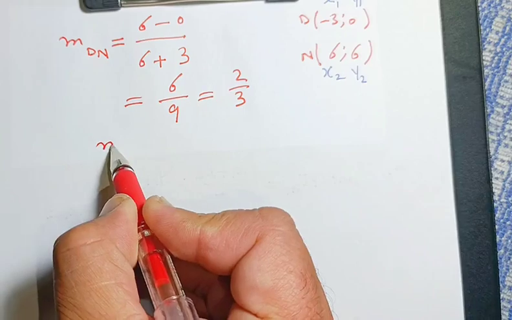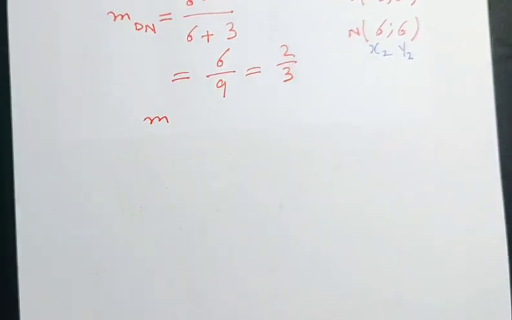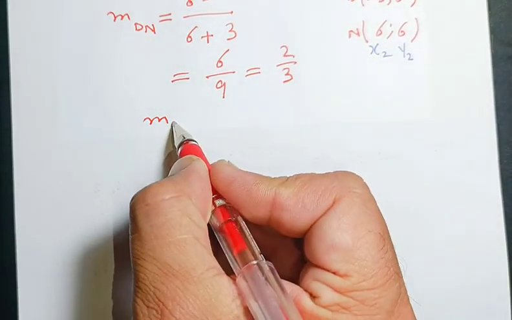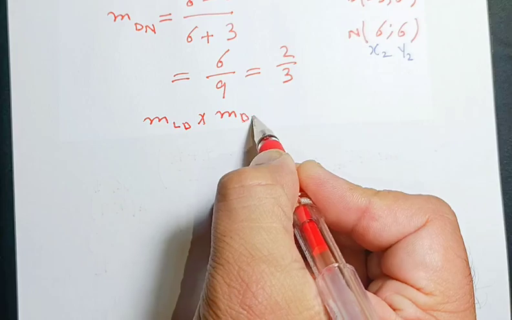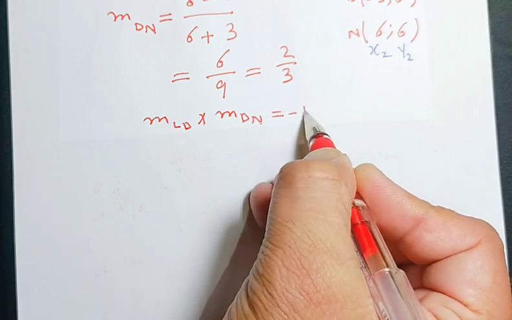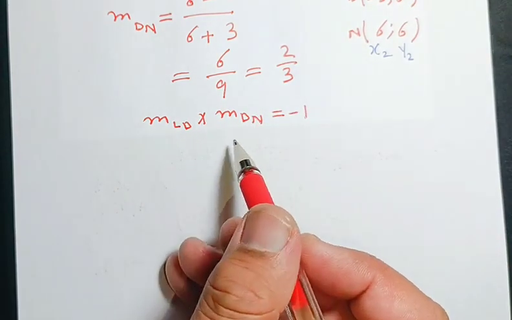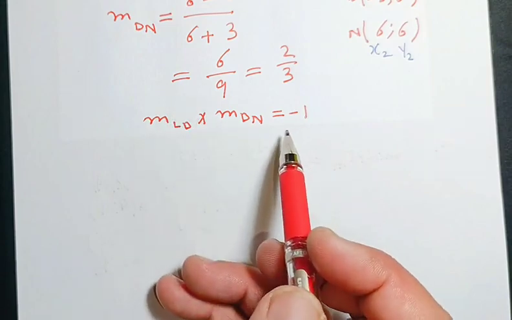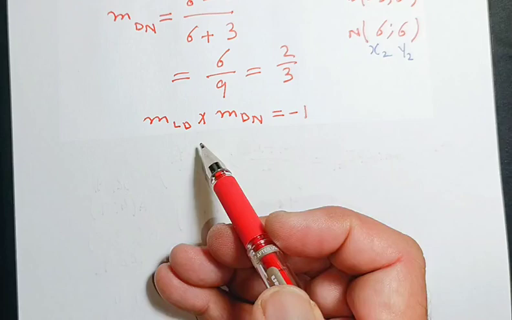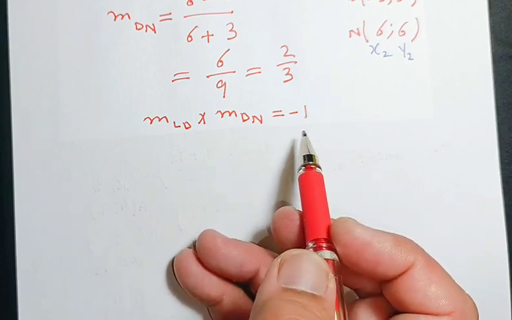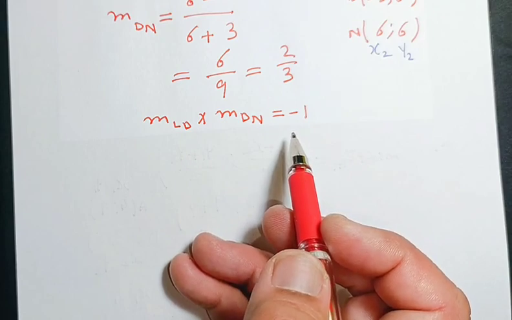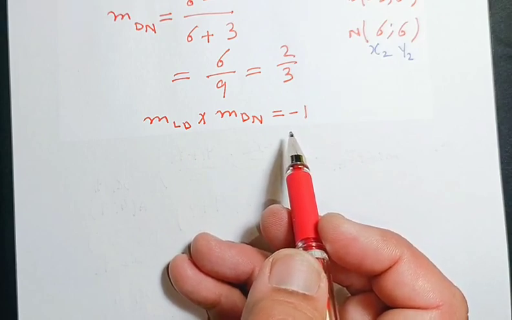So we're going to say MLD multiply MDN, both gradients must be equal to -1. Both gradients you multiply, the answer must be equal to -1. Have a look, if it's equal to -1, then it's going to be a 90 degree perpendicular.